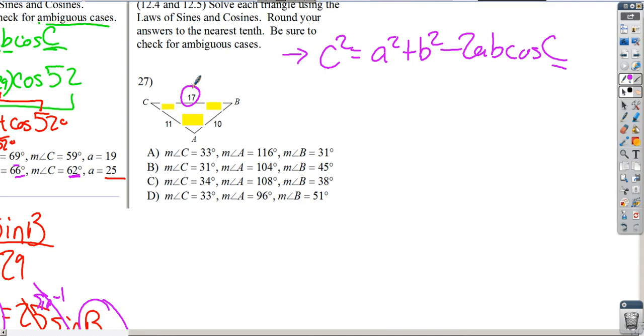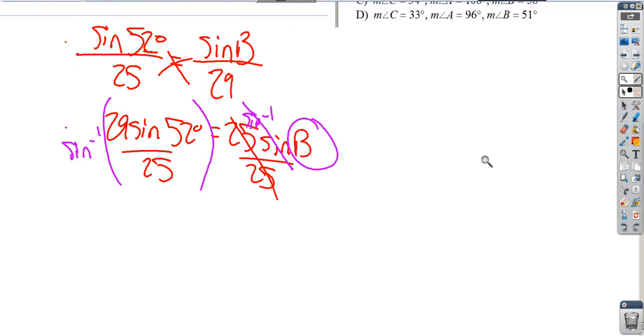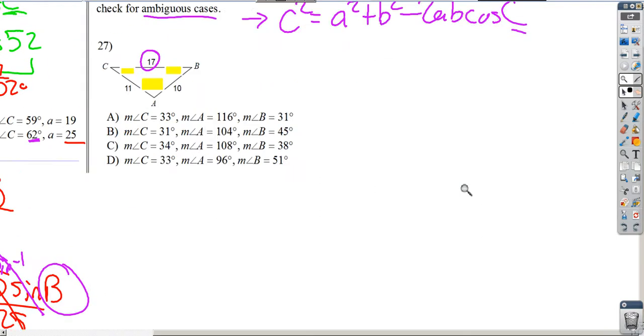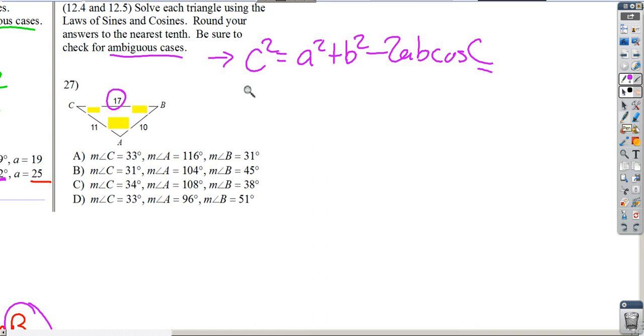There are some cases where you might wind up with one of these ambiguous cases, which is not supposed to happen. But because we end up taking the inverse sine, that's going to cause a problem if we don't use the biggest side. So let's start by using the largest side as our value.